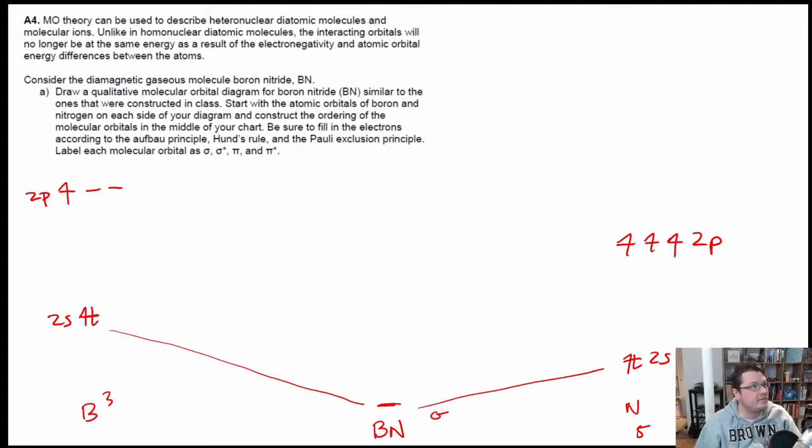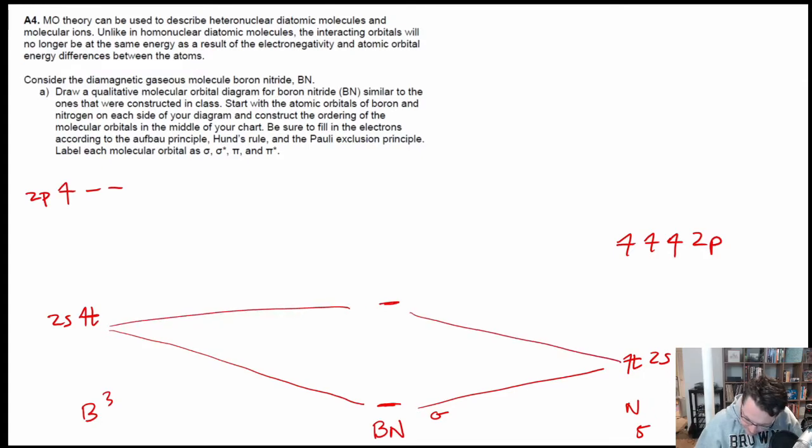And then we should have a sigma anti-bonding orbital that should be higher in energy than the boron 2s orbital. So that should be somewhere right here. So that's done.